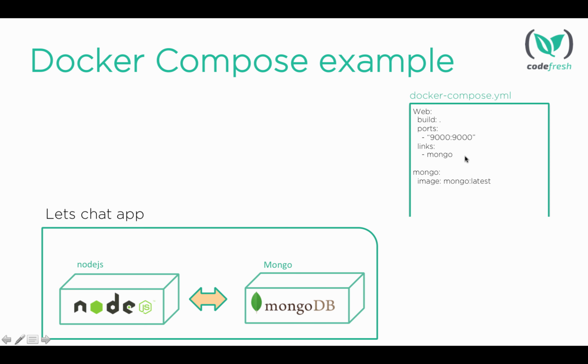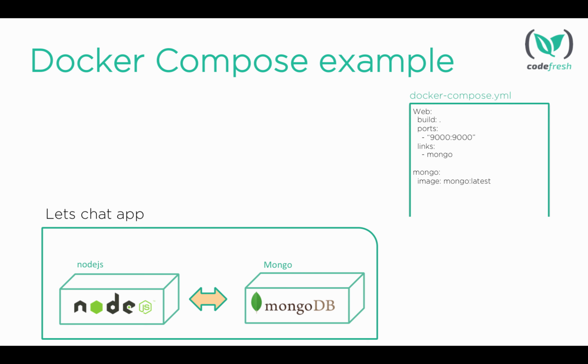So we'll use this Docker Compose file here that we will write together, and it will have 2 components. One component will be the web, and Docker Compose will build the Docker image for that service, and the other component will be Mongo, and in that case Docker Compose will pull a Mongo image from the Docker registry or from the cache.